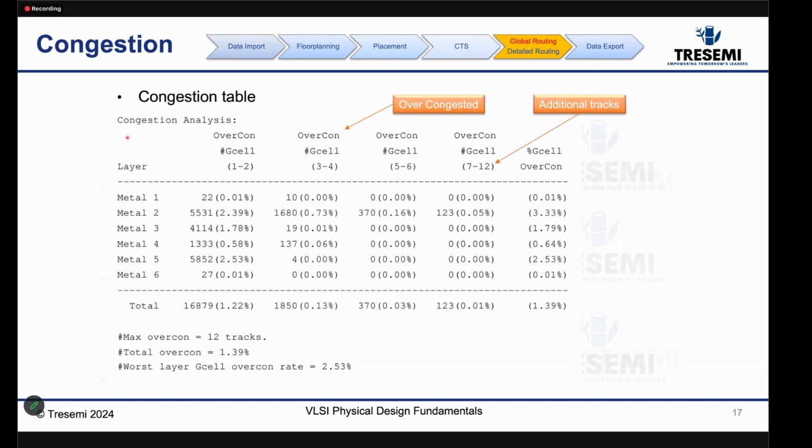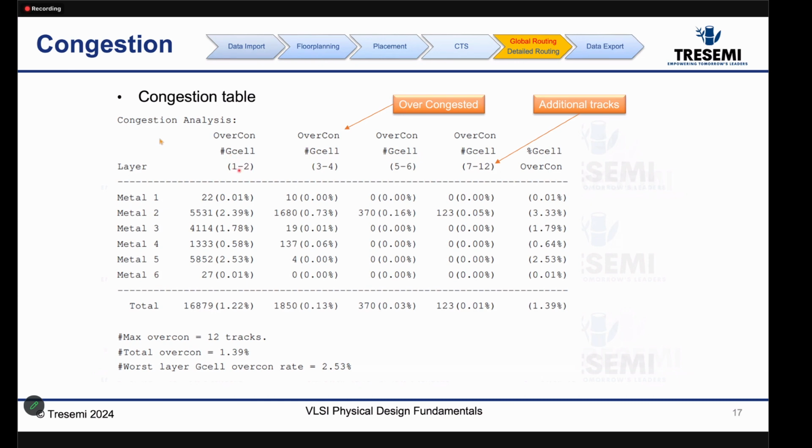So here, what they call overcon is over congested, right? They're going to go in and count how many global cells are over, right? So this column is just 1 or 2.